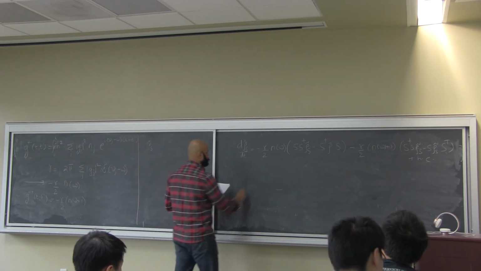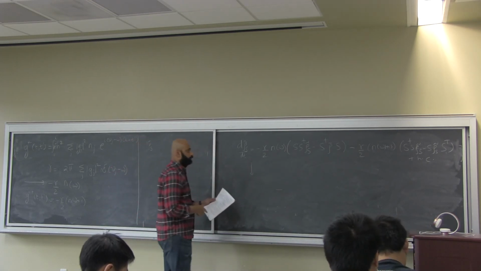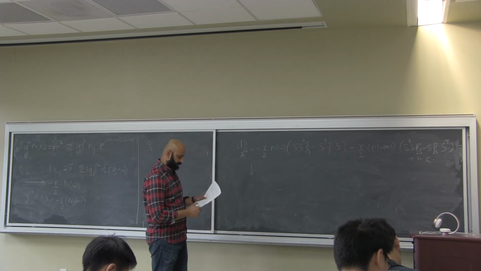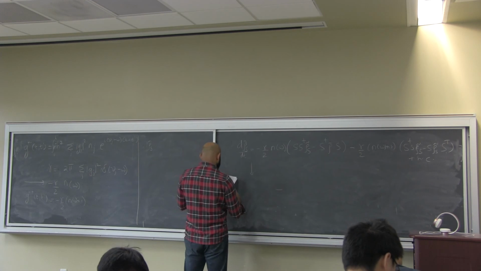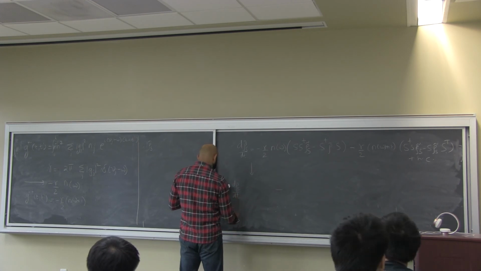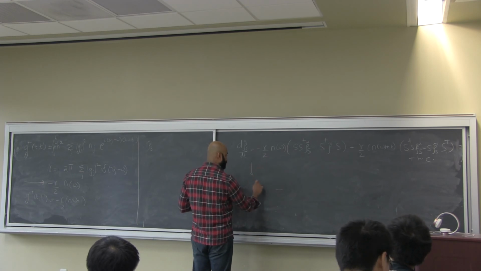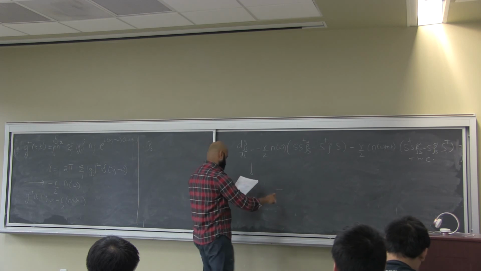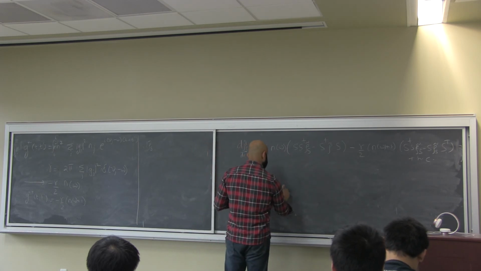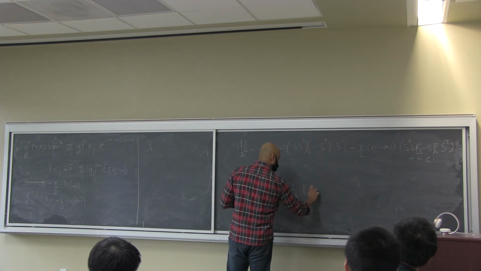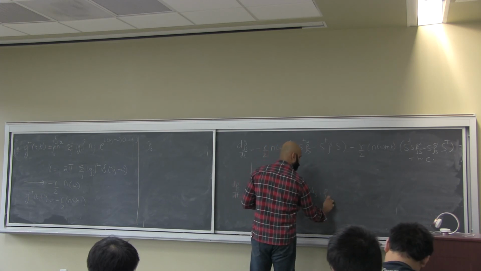This is in the interaction picture. If I go back to the Schrodinger picture, I have to add in those terms where the Hamiltonian for the system operators is involved. So the full guy will be written as all of those terms, okay, plus 1 over i h bar HS.